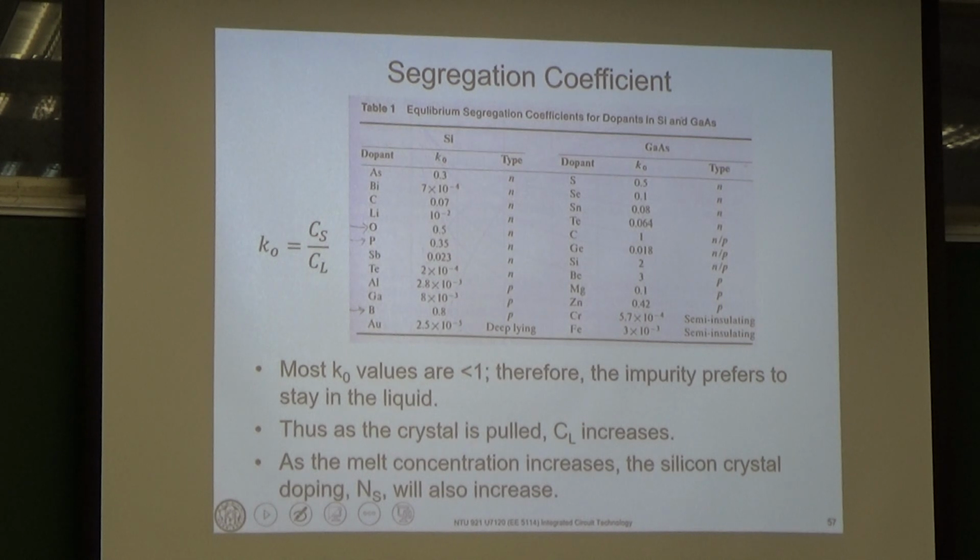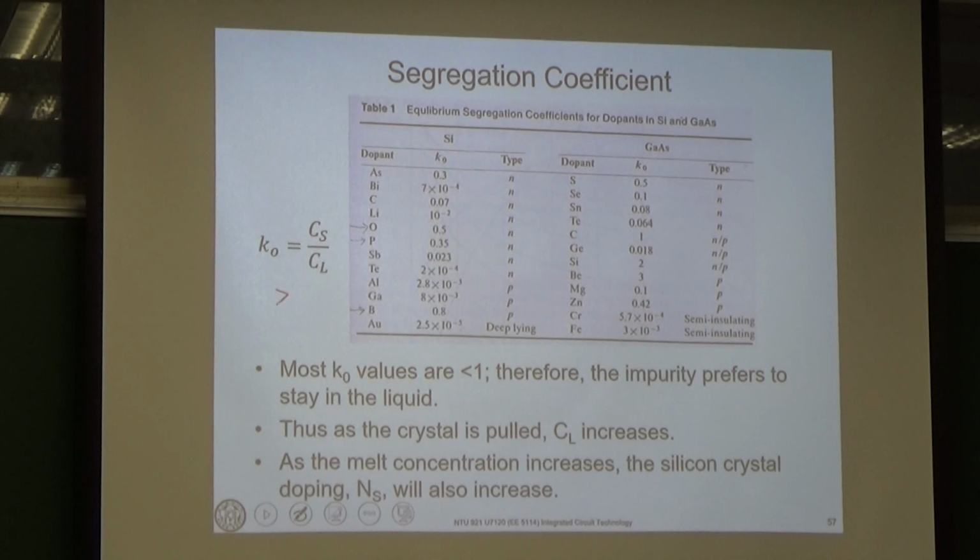And this is the table for silicon or gallium arsenide substrate with different dopants. You can see the segregation coefficient is sometimes greater than 1 or less than 1.